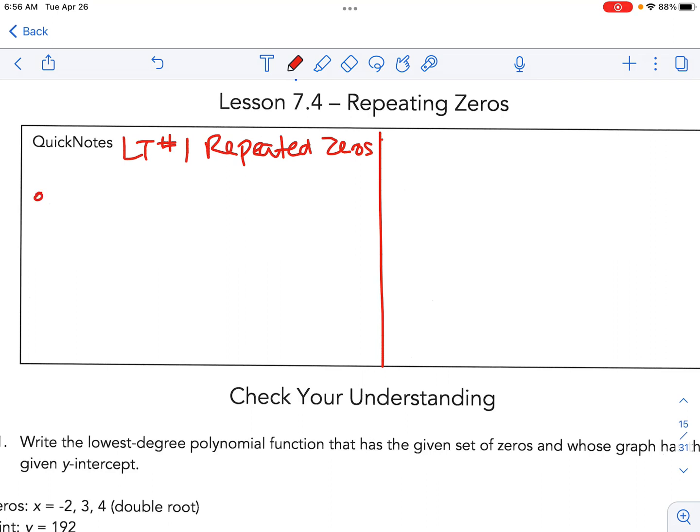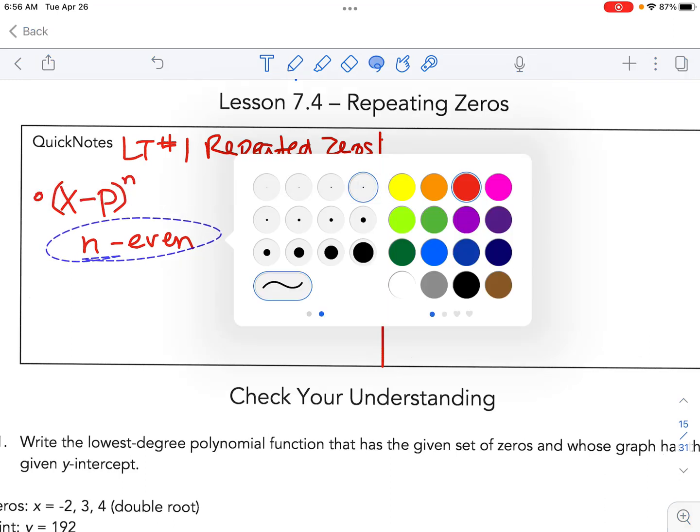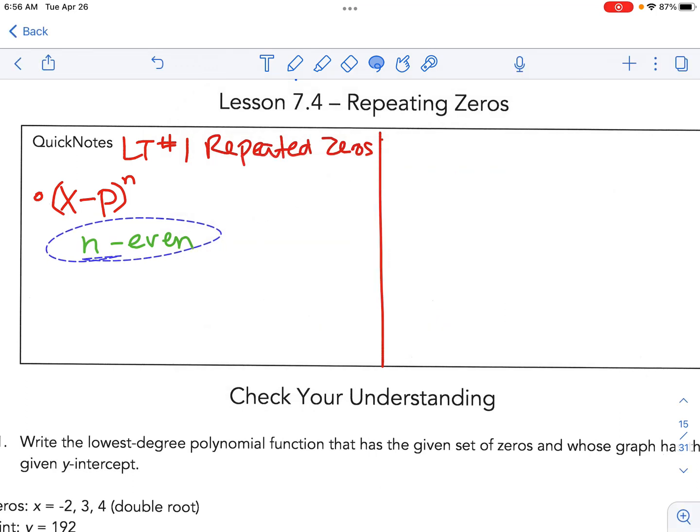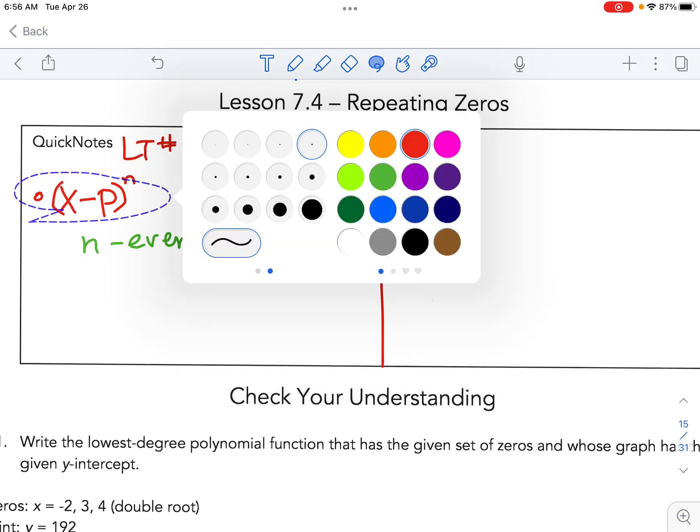So a repeated root looks like x minus p to the power n. And if n is even, I'm going to change that to green, because we were using green as the even repeated roots. Actually, I think I might change this to blue.